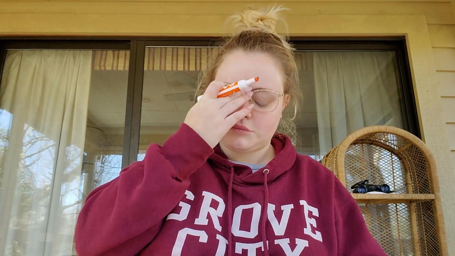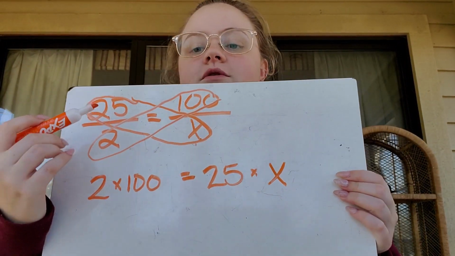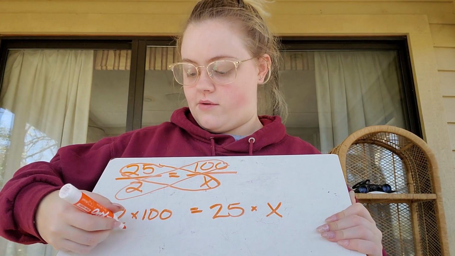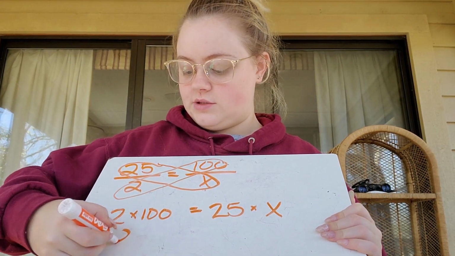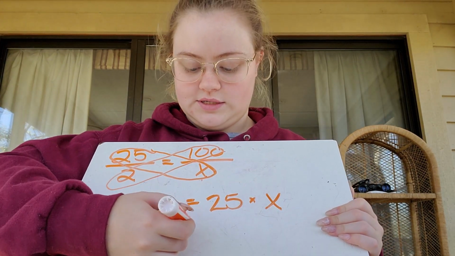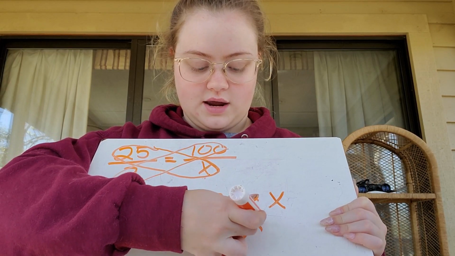So 2 times 100 is going to be equal to 25 times x. I'm just taking the ones that I have circled, writing them together, and multiplying them out. 2 times 100 gives me 200, and 25 times x gives me 25x.